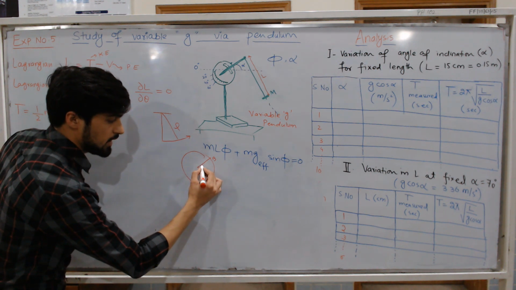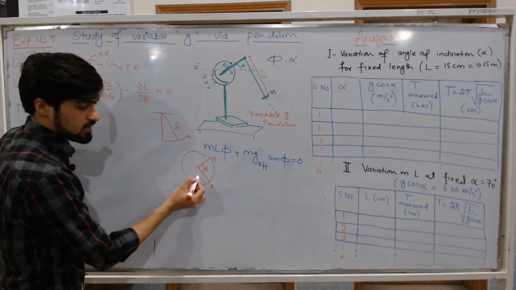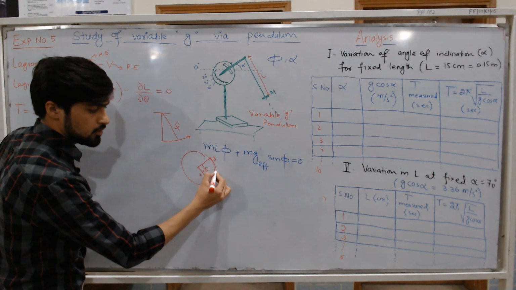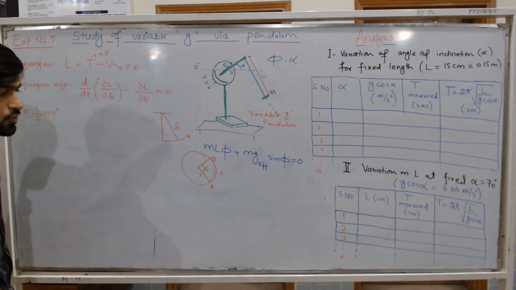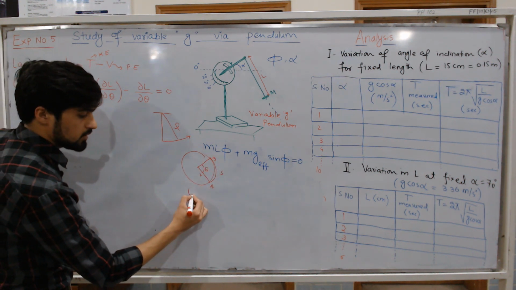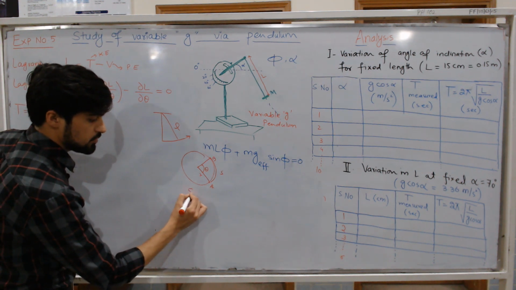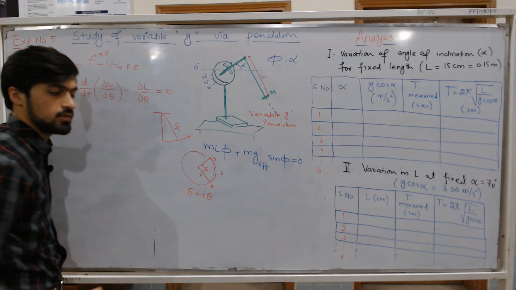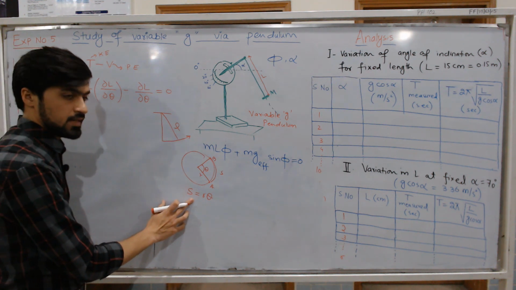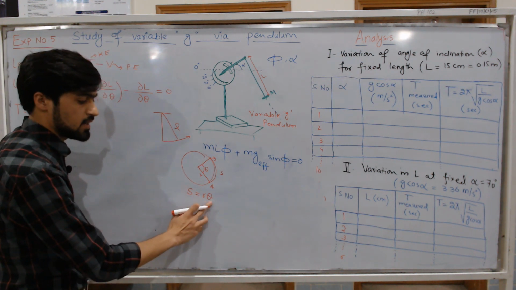This is the angle subtended, theta. If this is the radius and the length of the arc is S, there is a relation: S is equal to R theta. The radian equation: S is equal to R times theta.